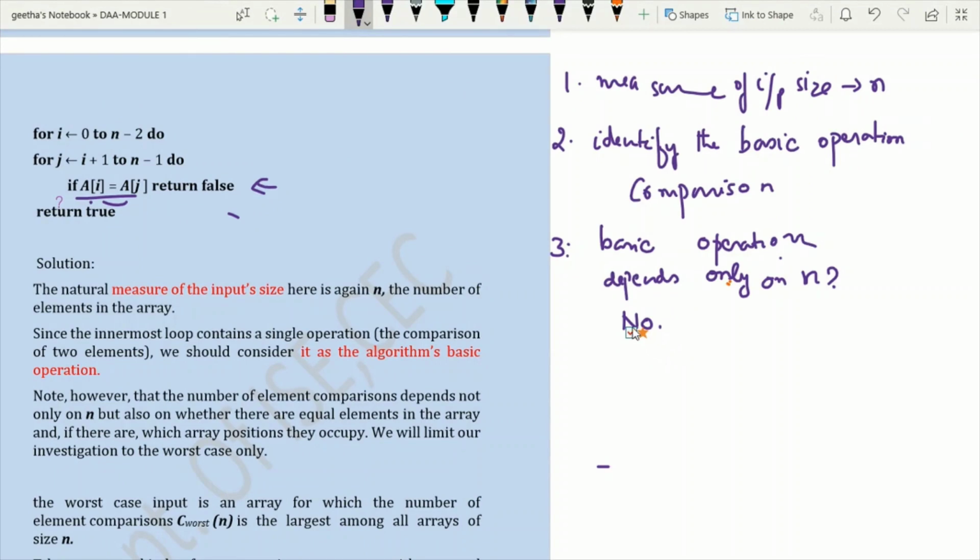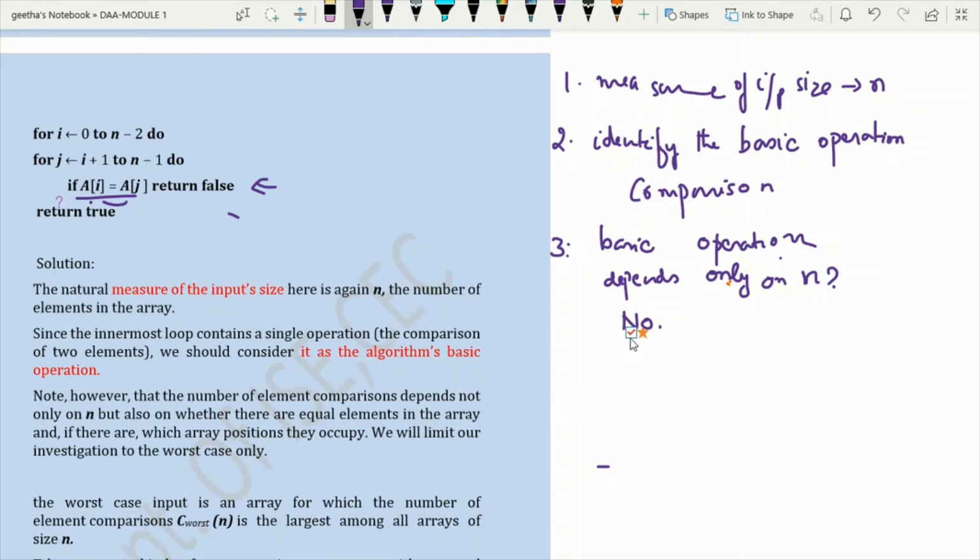So the basic operation depends not only on n; there is the additional characteristic of the comparison of equal elements. If the algorithm gets an equal element, then right there it stops comparing the further elements.